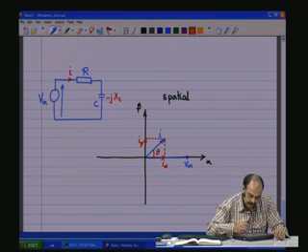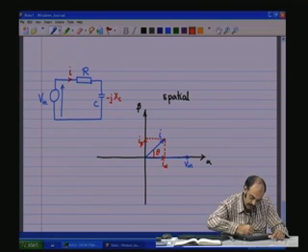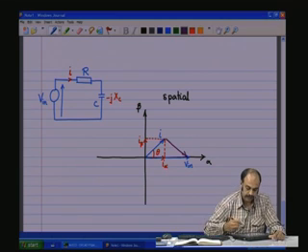So, let us say we have this current I flowing through XC, that now gets multiplied by XC and then gets rotated 90 degrees, and let us say I put it in a different color, gets rotated 90 degrees and comes like that.